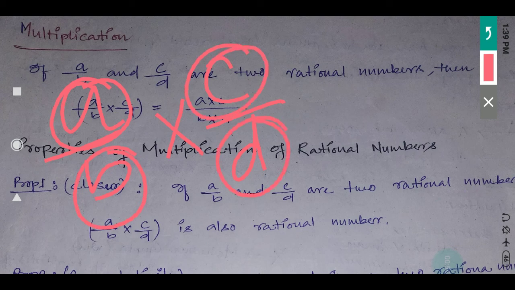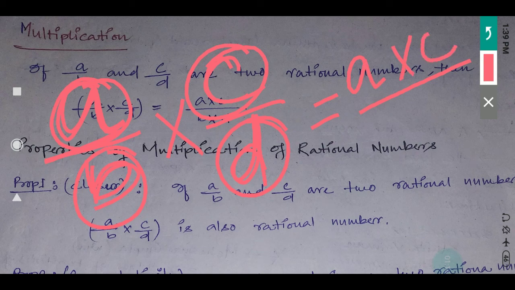c by d. Here your numerator is a, and here your numerator is c. In the first case your denominator is b, in the second case the denominator is d. So while doing multiplication, we write all the numerators in the numerator and all the denominators in the denominator. See here, a into c, and here b into d.